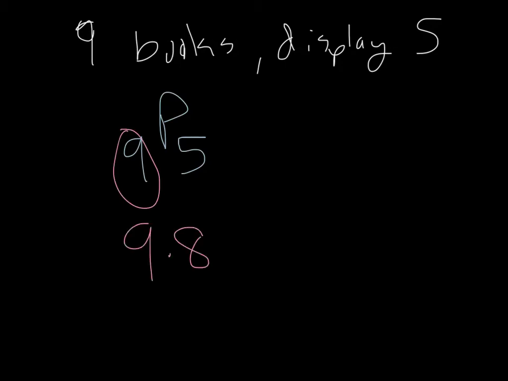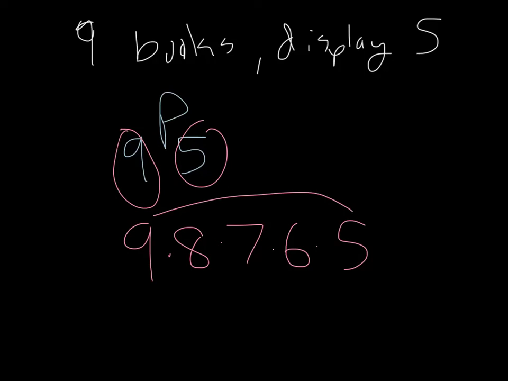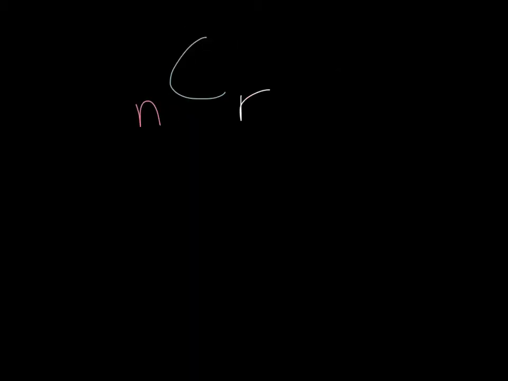Then I would say times 8, times 7, times 6, times 5. Is that 5 choices? Meaning 5 and then I stop. That doesn't mean 9 times 5, it means 9 times 8 times 7 times 6 times 5, because I chose 5 after the number I started with. I multiply that all together, and I would get 15,120.